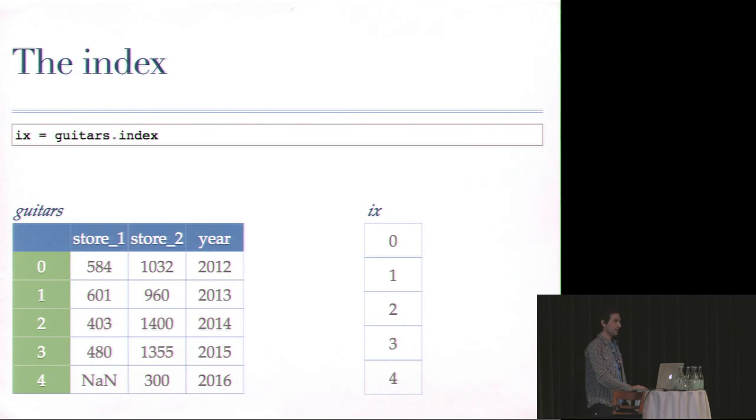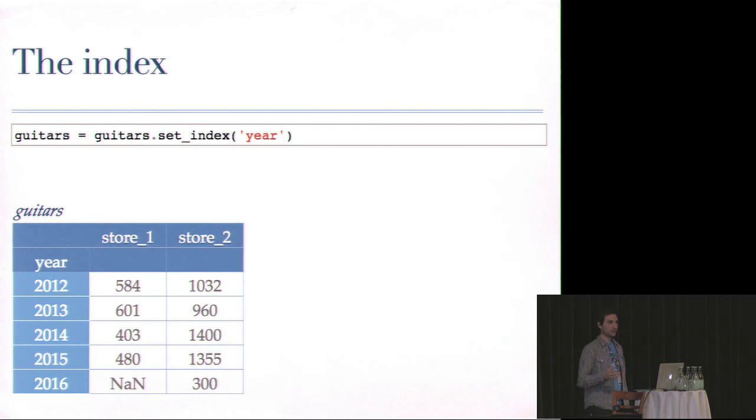So, the index. Here I'm just grabbing the index from my data frame, and I'm returned a simple Python list. I can also set the index to be one of the previous columns. So if I say set_index year, Pandas takes that year column, puts it in the index, and throws it away as a column.